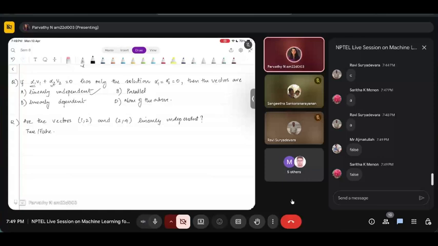They are not linearly independent because one is a multiple of the other. If you take this 1, 2 and multiply it by 2, then you get 3, 4. So they are linearly dependent.